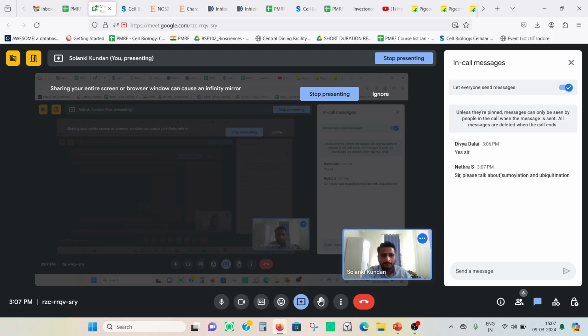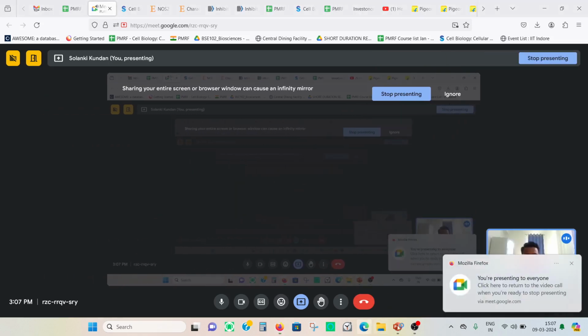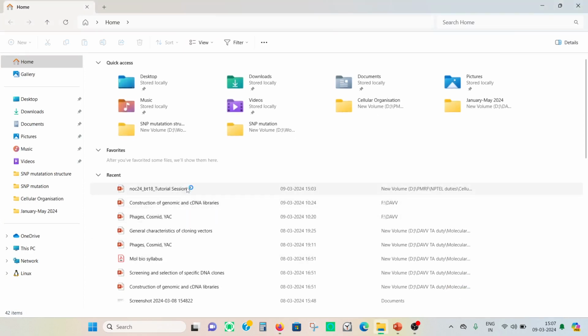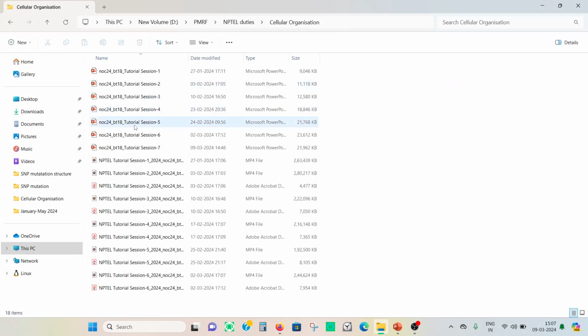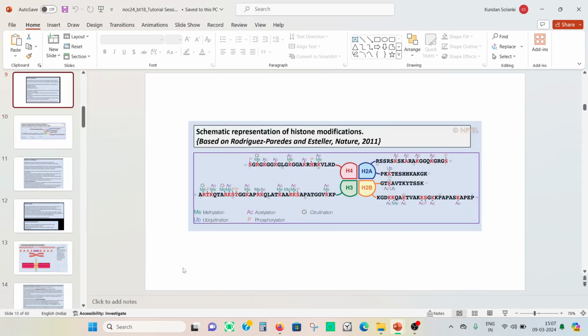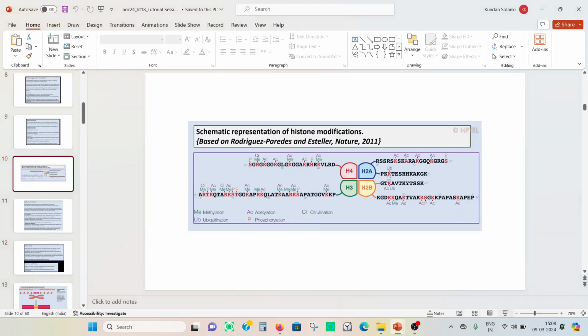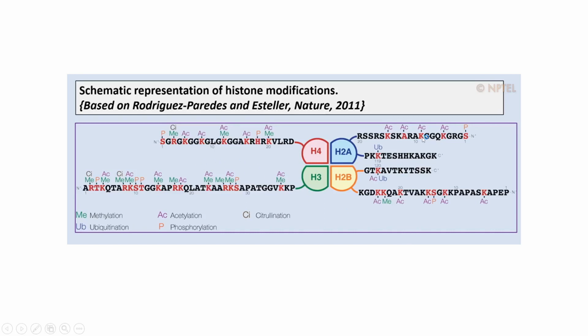Yes, ubiquitination. So if I share those slides, this was the modification which was present in the histone tail, and over there ubiquitination is there, ubiquitin modification.